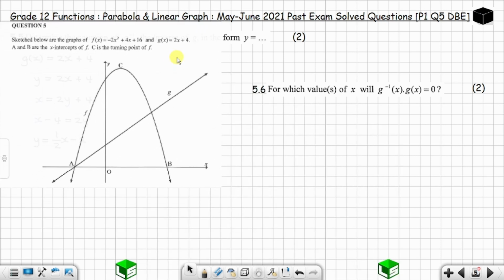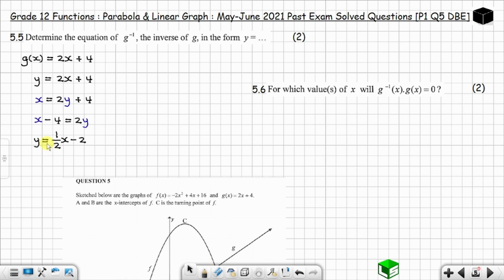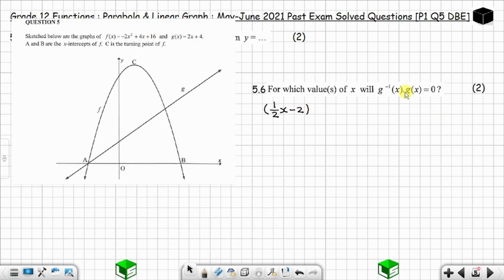Okay, let me do it this way. So you have the inverse of g of x, in bracket, you can see this is the inverse of g of x there, right? Times g of x, you have it in bracket there.